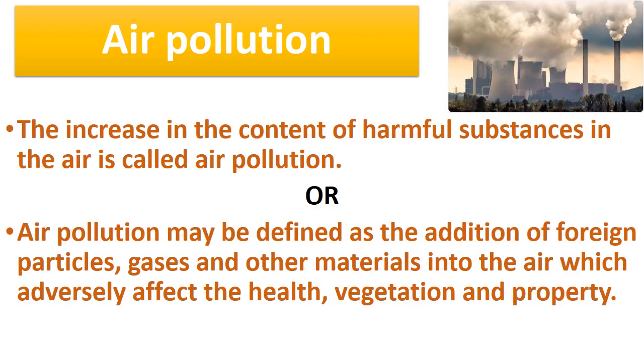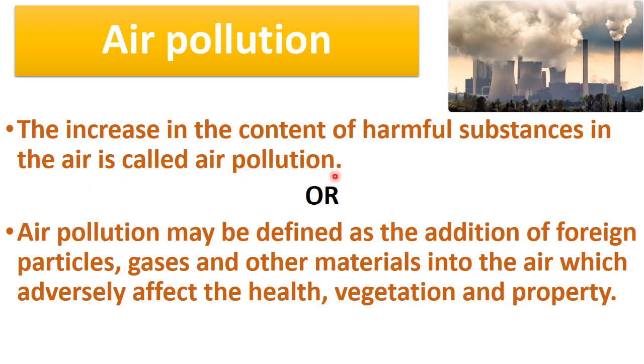Now our next topic is air pollution. So students, you are familiar with this word air pollution, right? So what is air pollution? The increase in the content of harmful substances in the air is called air pollution.